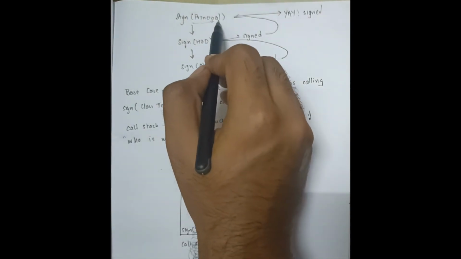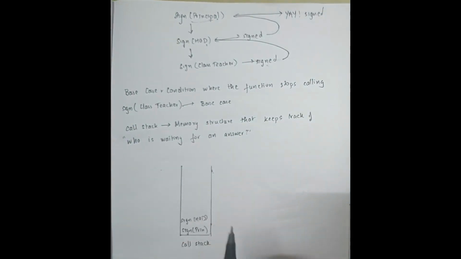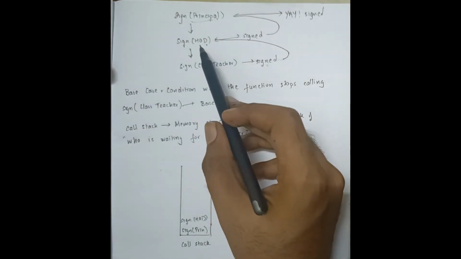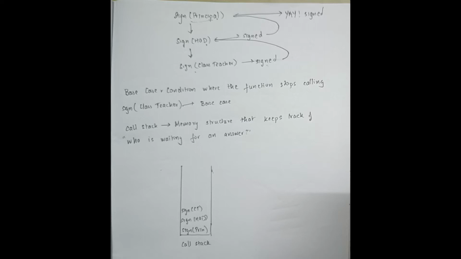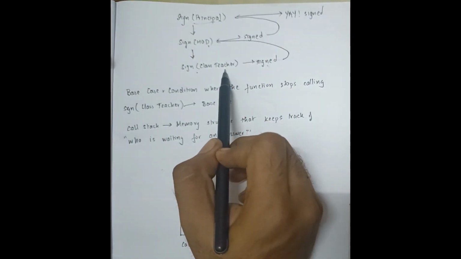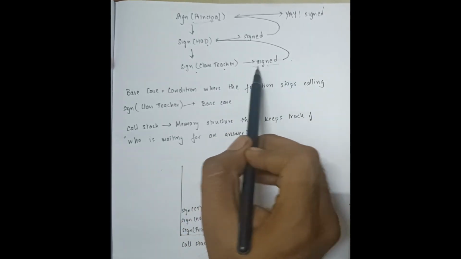After this, we call the sign function and the input parameter is HOD. And then we call the class teacher function. We can see that once the class teacher function is called, it returns the signed form.